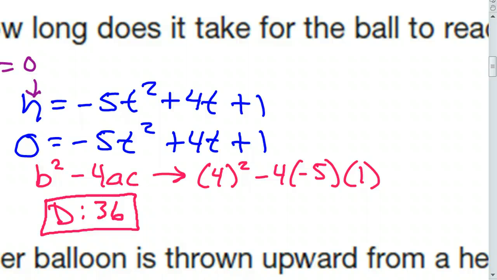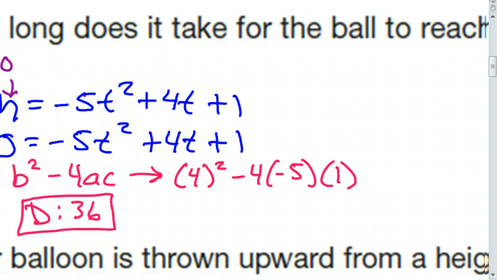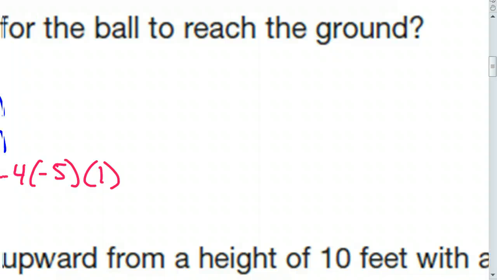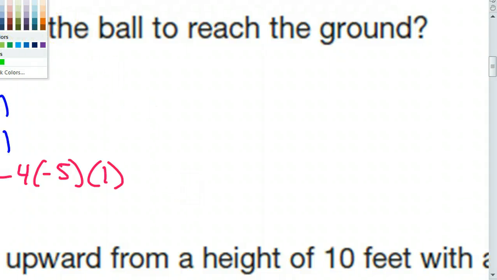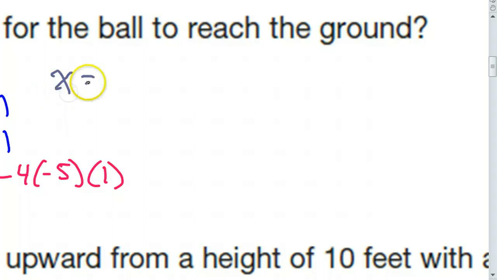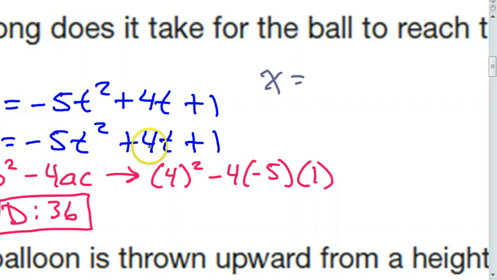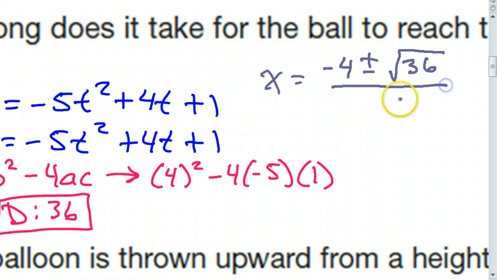So now let's go ahead and do the rest of the quadratic formula. Just remember what the discriminant was. For the rest of the quadratic formula, we'll do opposite of b, so that'll be negative 4 plus or minus square root, and under the square root goes the discriminant, all over 2a. a is negative 5, so 2a is negative 10.